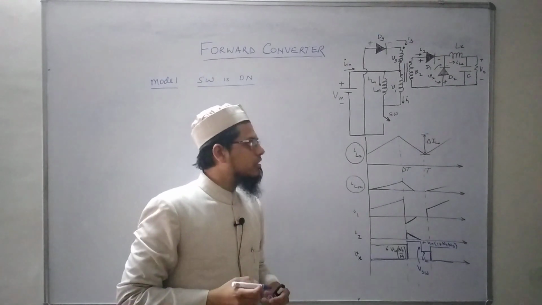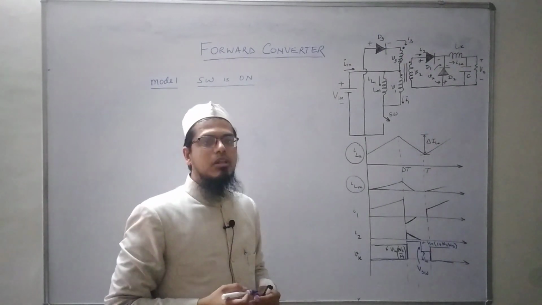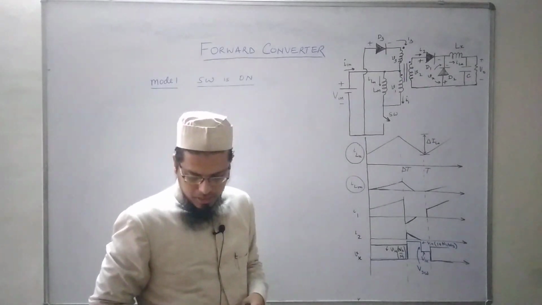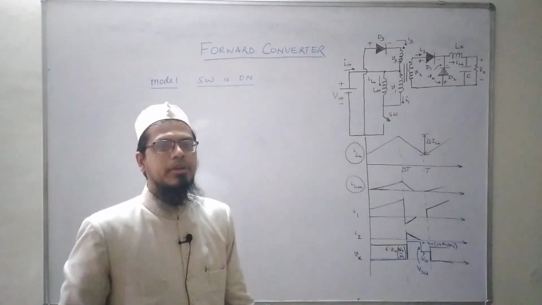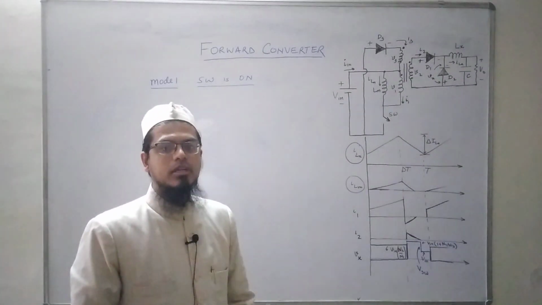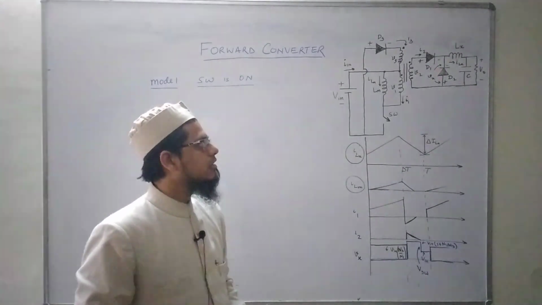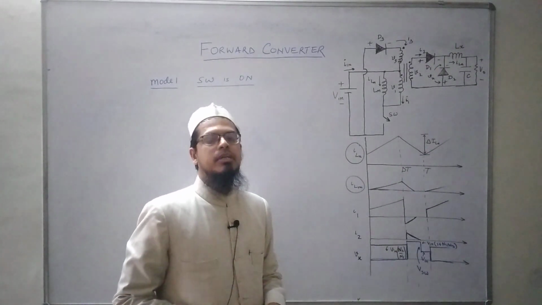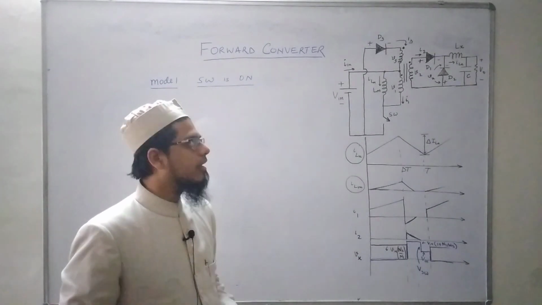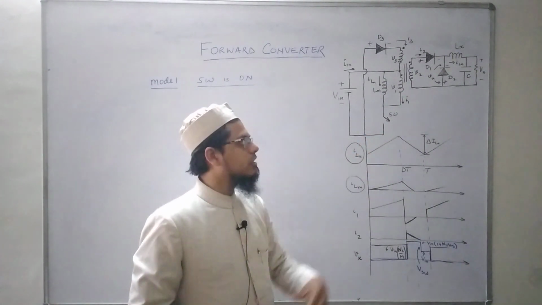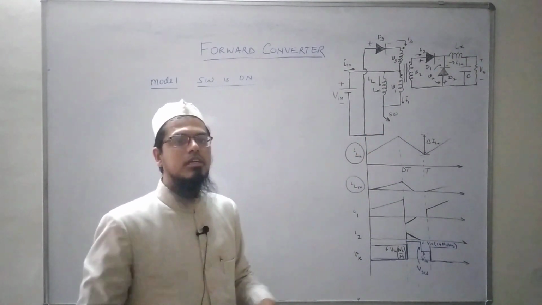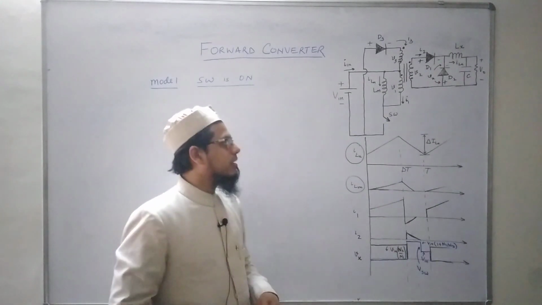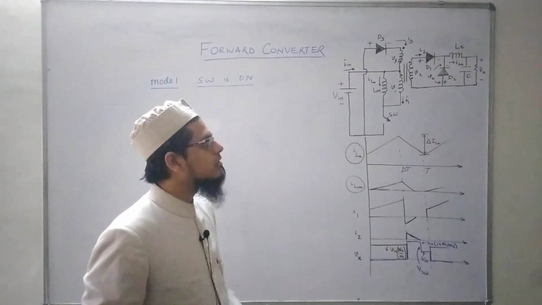Again, the assumptions that we will be making in this converter are the same as in the previous analysis: all the elements of the circuit are assumed to be ideal, and there is no loss in the switch, neither conduction nor turn on or turn off loss.